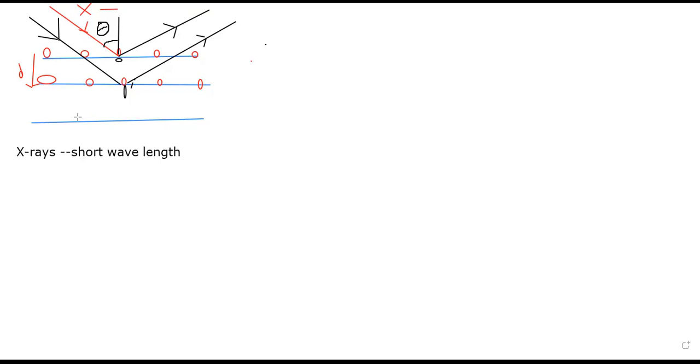Then these two scattered X-rays, I will label 1 and 2. These two scattered rays diffract with each other and produce a diffraction pattern.